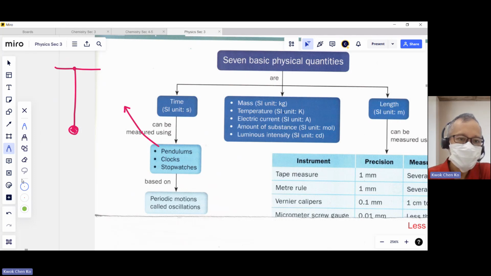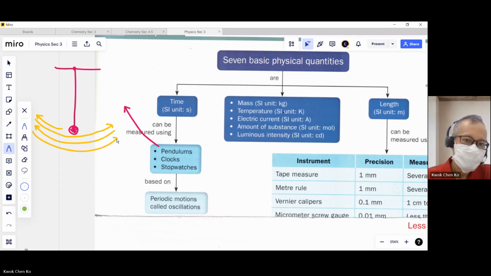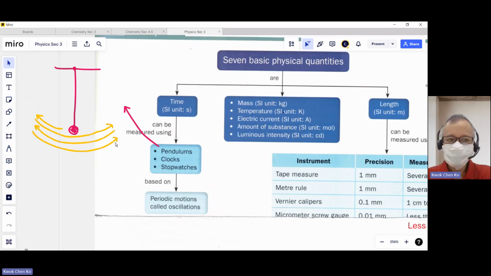And of course, you allow this pendulum to swing. You pull it here, release it. It will swing all the way there, swing back again and back again. So that is a pendulum.